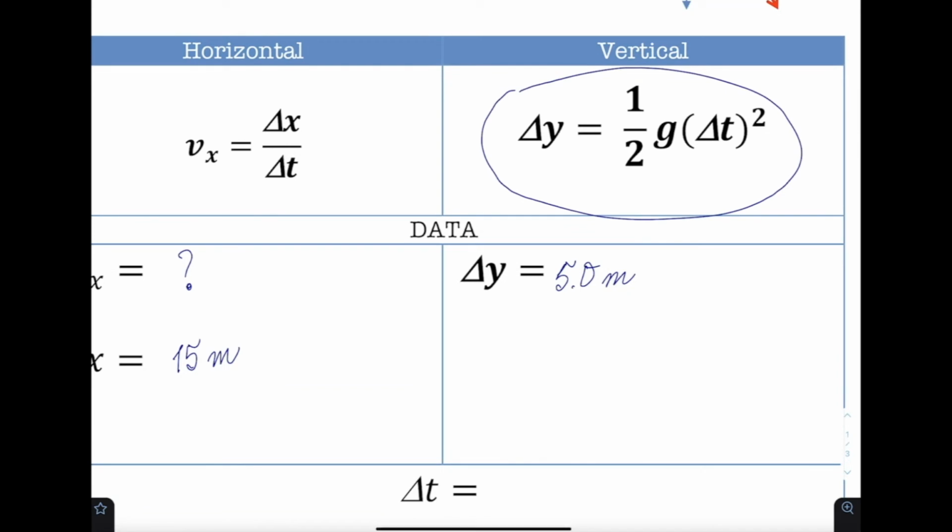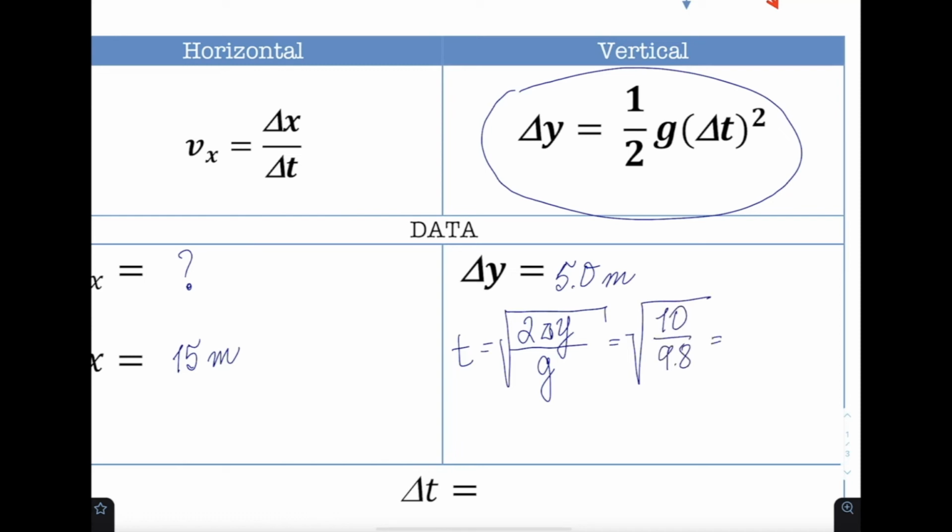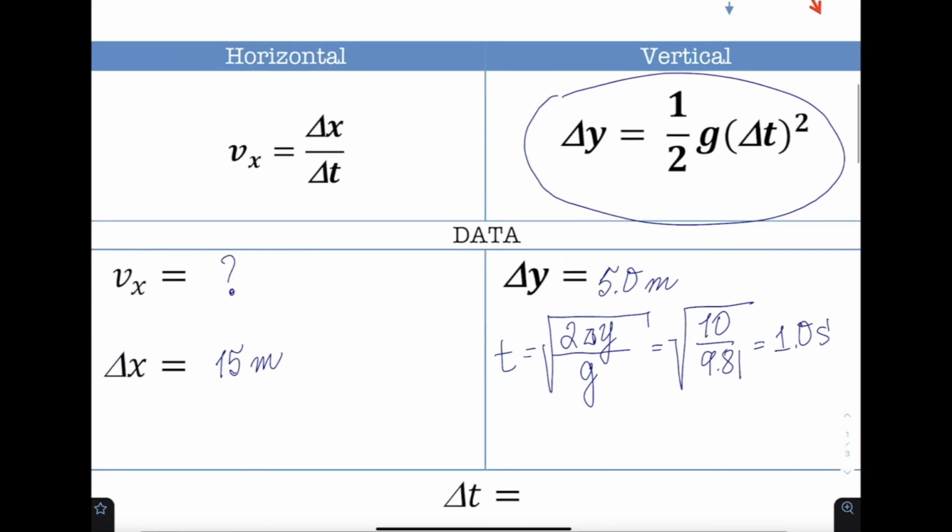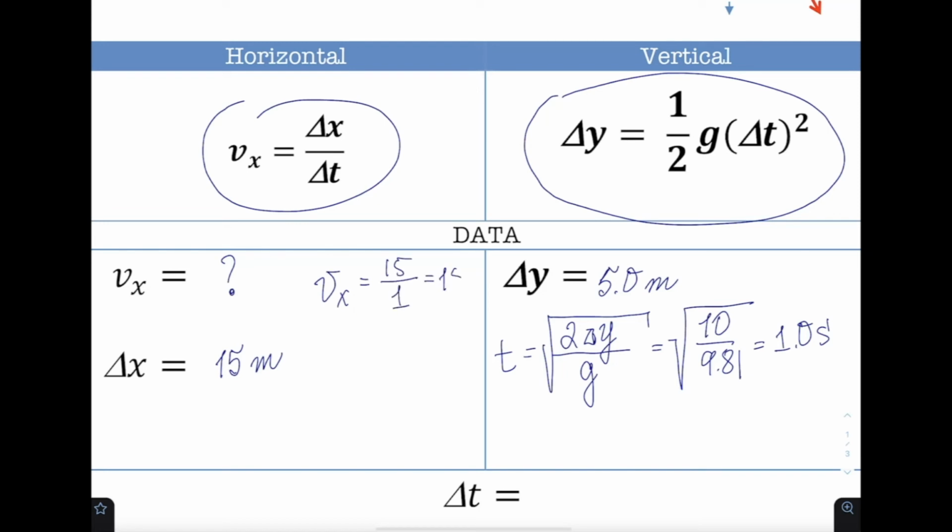Again, the two steps: we will multiply by 2, so 2 change in y, divide by g, and we will square root to get the time. So it's going to be 10 over 9.8, so just a little bit over 1 second, and then Vx, using the formula right here, I know that the time is 1, then my Vx is going to be 15 over 1, 15 meters per second.